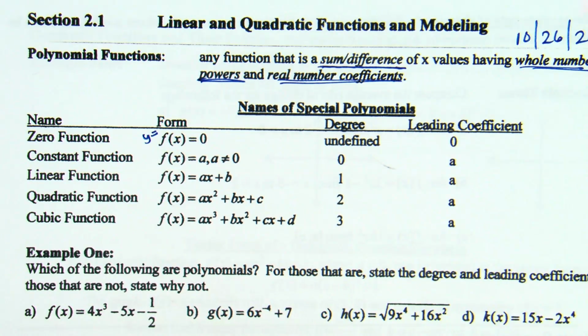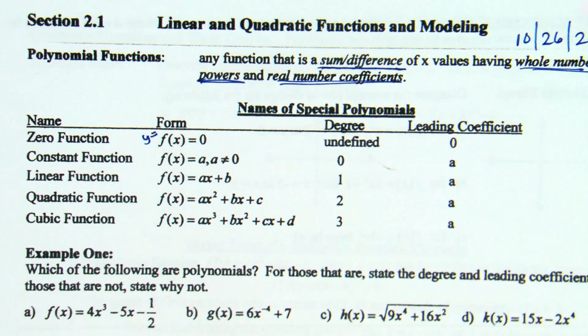Okay? So, the question we want to look at on example 1. Which of the following are polynomials? If it's a polynomial, I'm going to ask you that you state the degree and the leading coefficient. If it's not a polynomial, I want you to be able to tell me why it's not. And that goes back up to the idea that if it's a polynomial, it's a sum and difference of x values with whole number powers and real number coefficients.